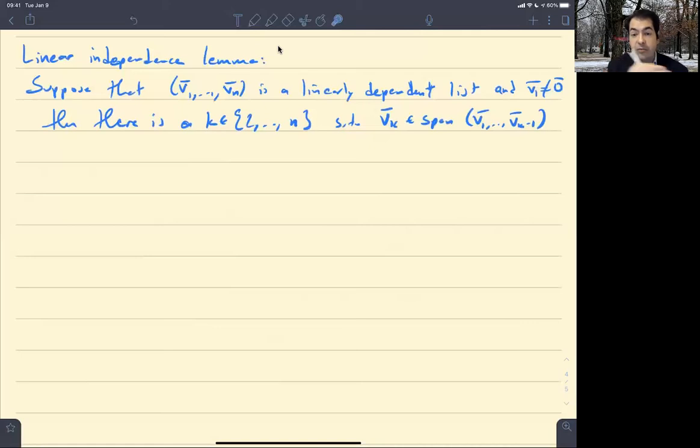But that's only the case if you've made it all the way to vn without being able to do it for the other ones. It may be that vn is not a linear combination of the other ones, but there was some previous one that was. But in any case, there is always one that can be written as a linear combination of the previous ones when you have a linearly dependent set. So here's a corollary. This is how we actually use it most of the time.